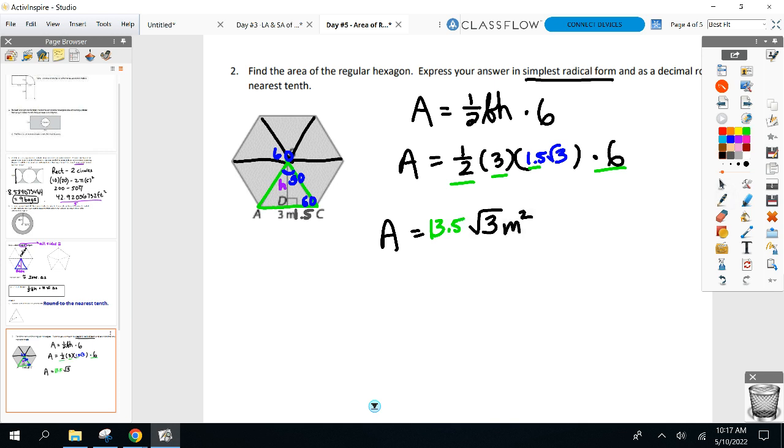And then it also says as a decimal to the nearest tenth. So now you can do 13.5 radical 3 and round it to the nearest tenth. And I'm getting 23.4.